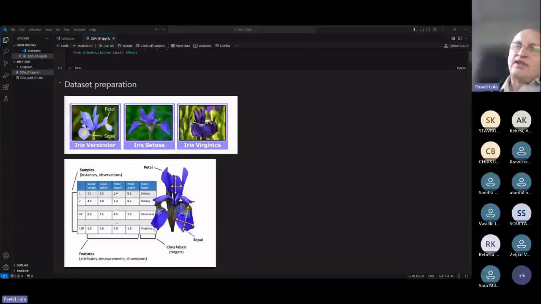And in this dataset, we have 2 features describing petals, and 2 describing sepals. About sepals, we can find information about the length and the width of these lower parts. And similar information we have about petals, length and width. So here we have 4 variables.